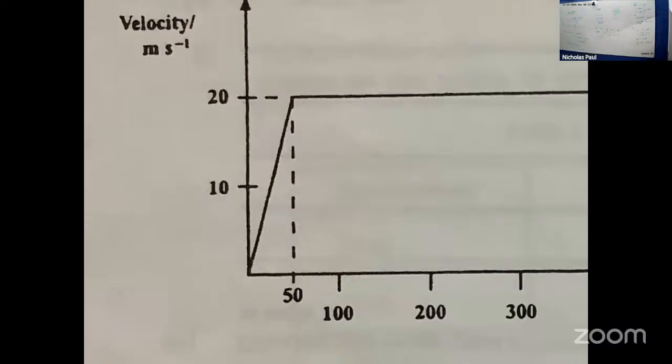That's all they give you. Try and see if you can find the acceleration using the graph. Same formula, nothing changes.